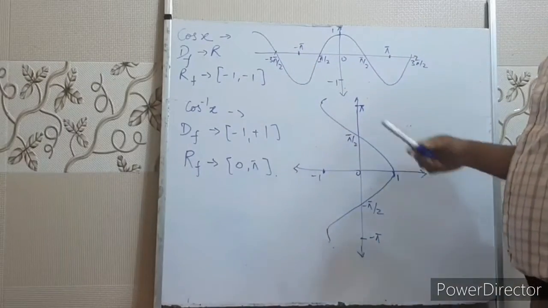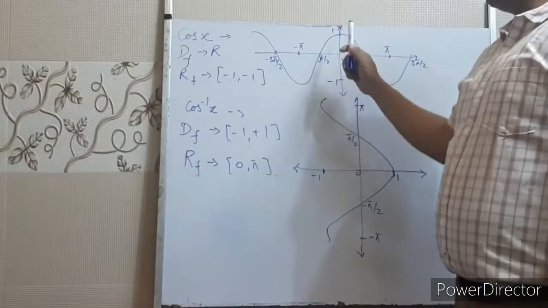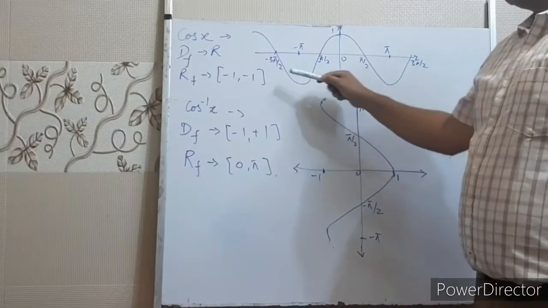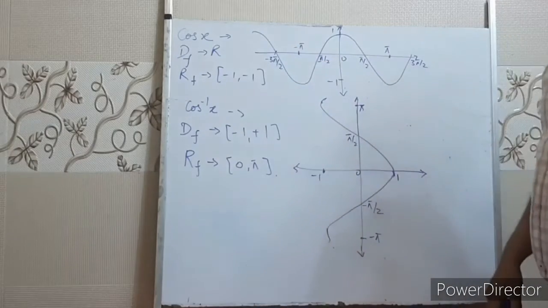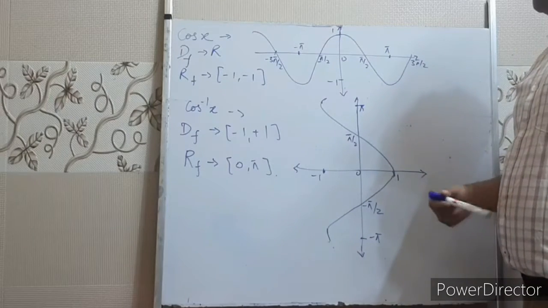Okay. Now again, this is a many-one function. The value of cos 0 is 1, and the value of cos 360 is also 1. So at many values you are getting 1.